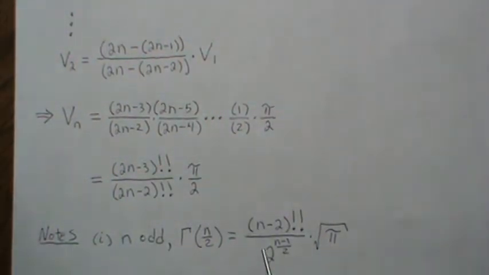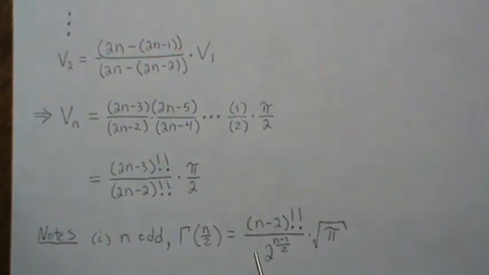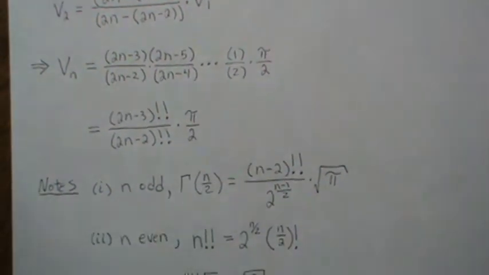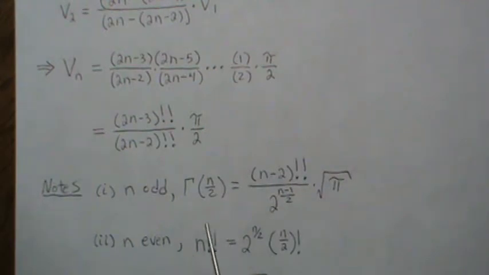But you've done it n minus 1 over 2 times, decreasing by 2 each time. So anyway, this is a relationship that holds. And also there's another relationship for double factorial. If n is even, the double factorial is equal to this. And there are some nice videos on how to show that.